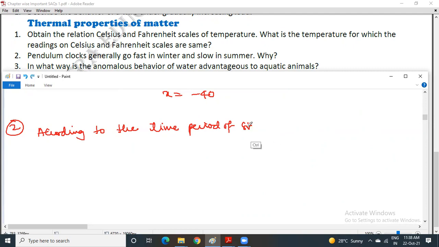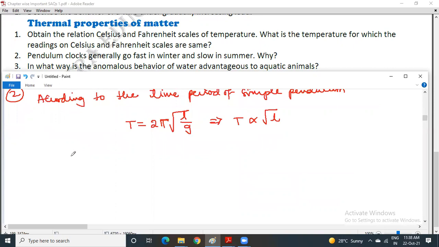Time period of simple pendulum T is equal to 2 pi under root L by g. In this formula, time period is directly proportional to root L. What is L? L is the length of the pendulum. As per the question, the pendulum is made up of metal, and is connected to a bob.